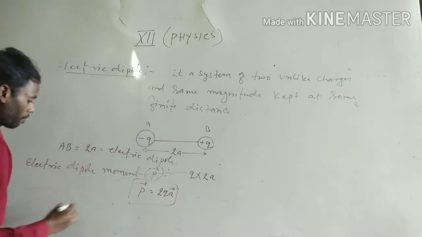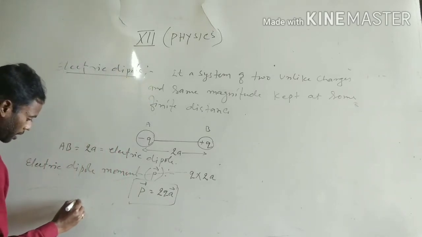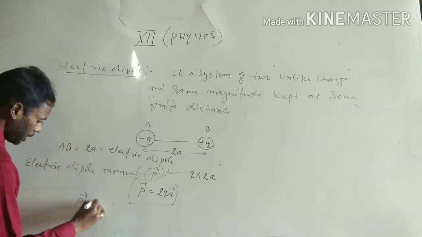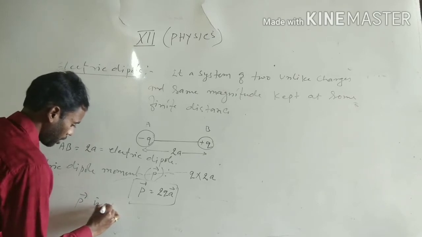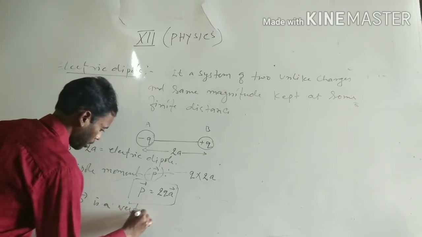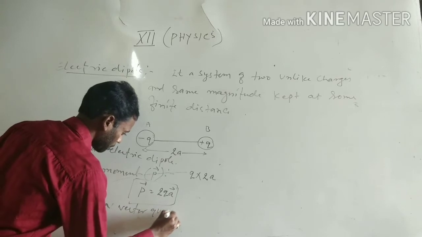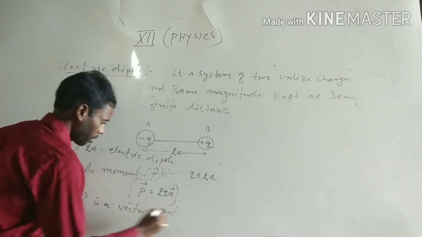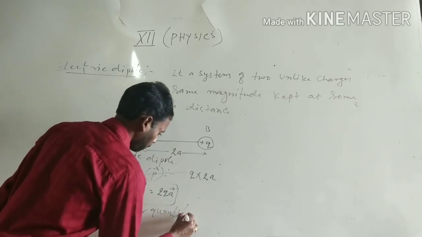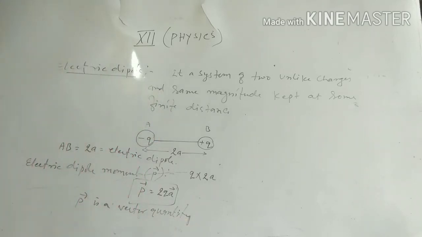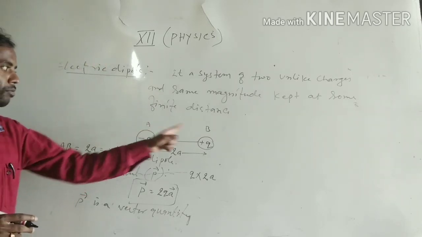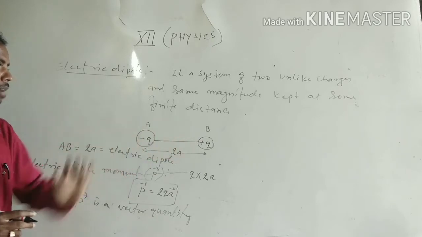Okay. It is the electric dipole. Electric dipole moment P is a vector quantity. First we have to know about the electric dipole. That means the distance between two unlike charges of the same magnitude.